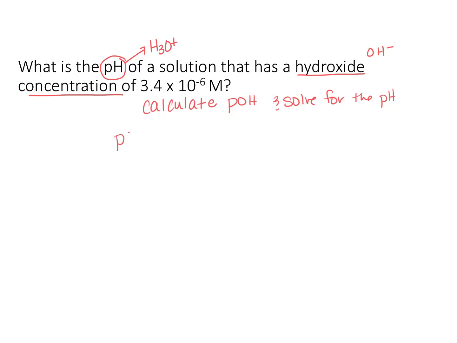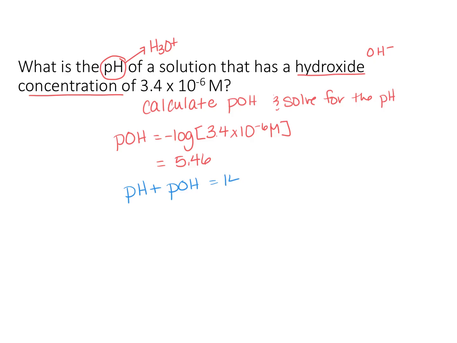So we've got pOH equals negative log of the concentration of 3.4 times 10 to the negative 6 molar. When we put that in our calculator, we get 5.46. So for the next step, I know pH plus pOH equals 14.